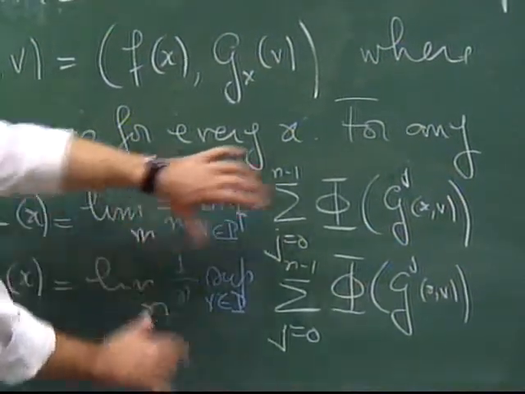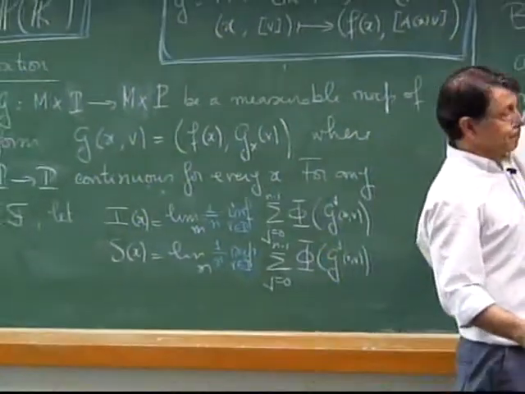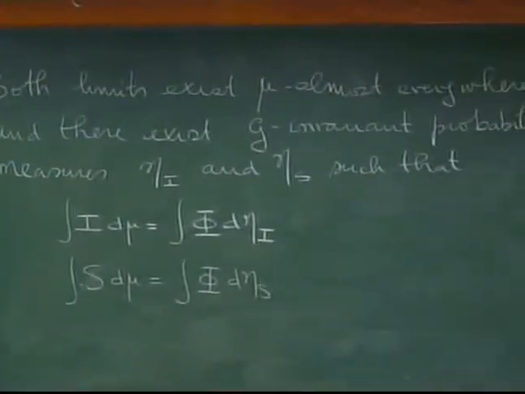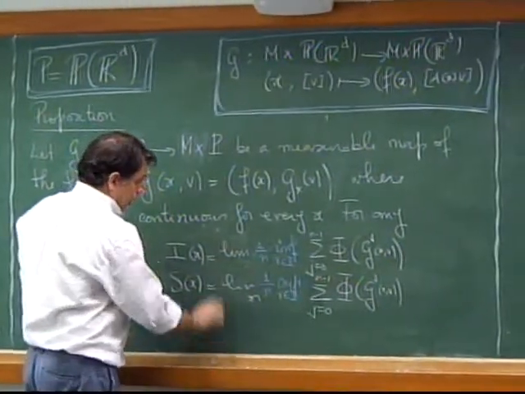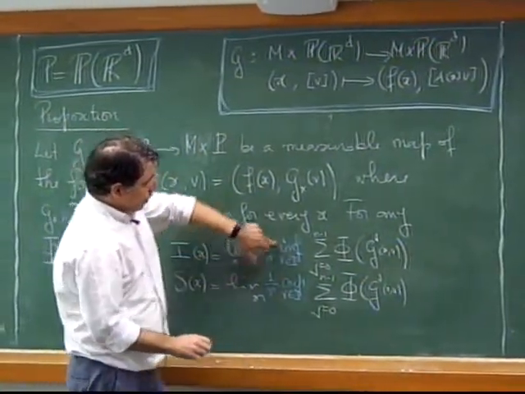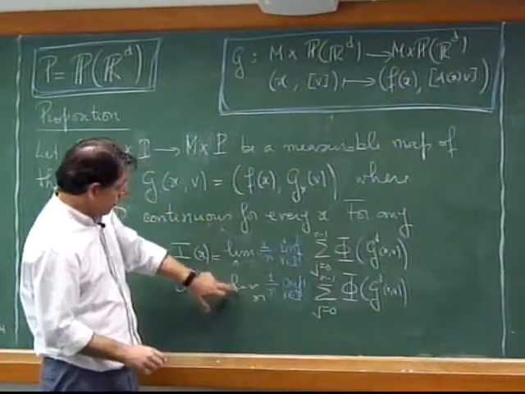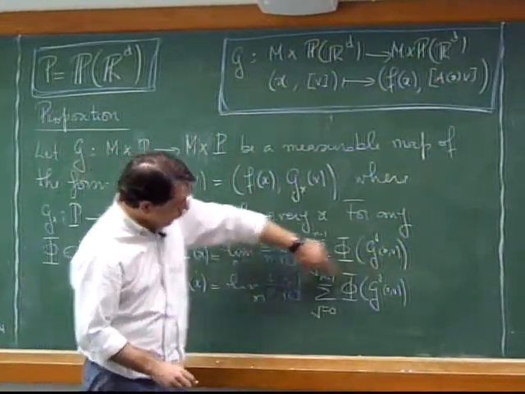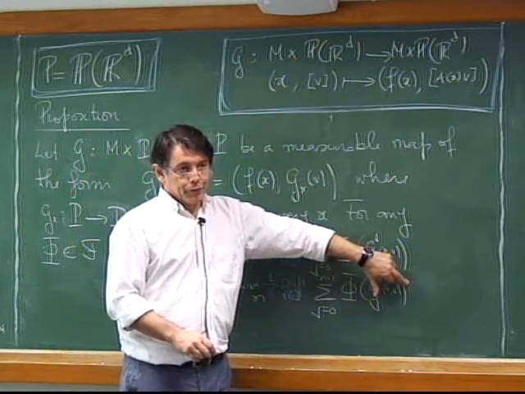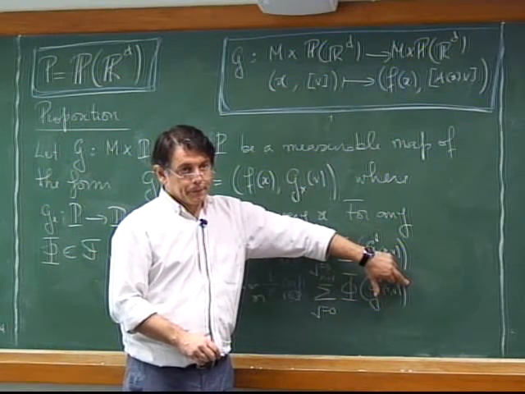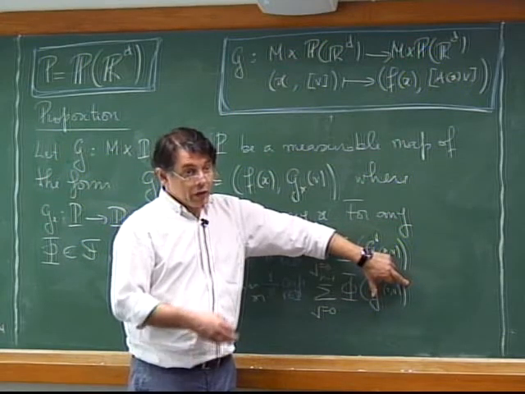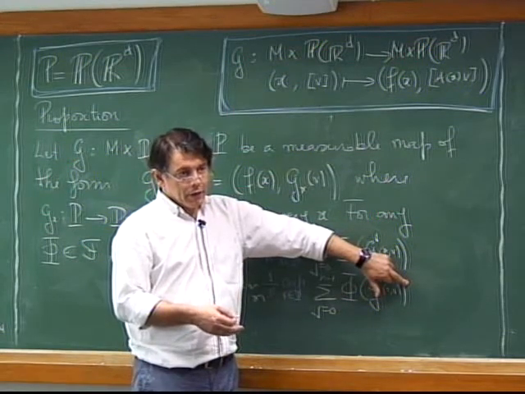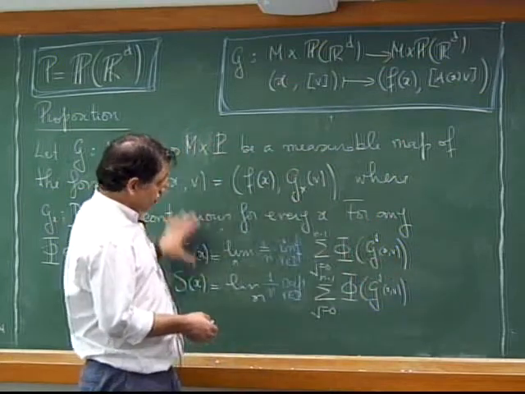And now you already know why both limits exist, because you already know the Furstenberg theorem. The Furstenberg theorem says that the limit of 1 over n log of the conorm and the limit of 1 over n log of the norm converge almost everywhere. The only reason why this is not exactly the Furstenberg theorem is that we are stating an abstract result.